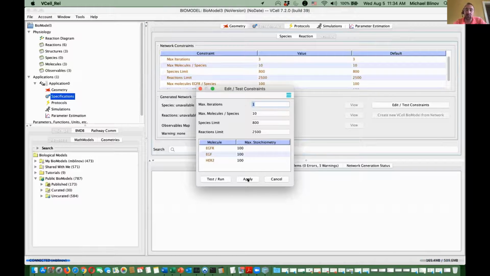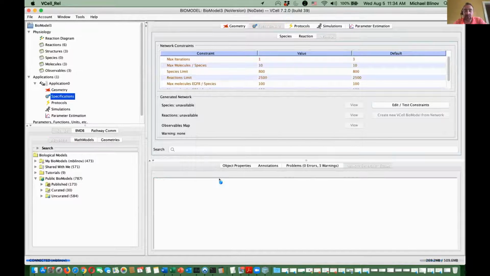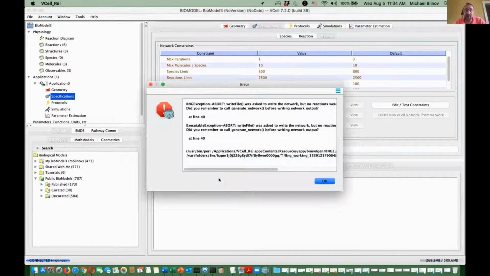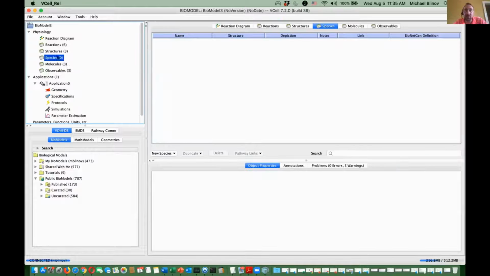So the first iteration: apply, okay, and test run, and you will get an error. The error is quite cryptic, but what it tells you is that you cannot start defining a network before you have something that will serve as seed species.